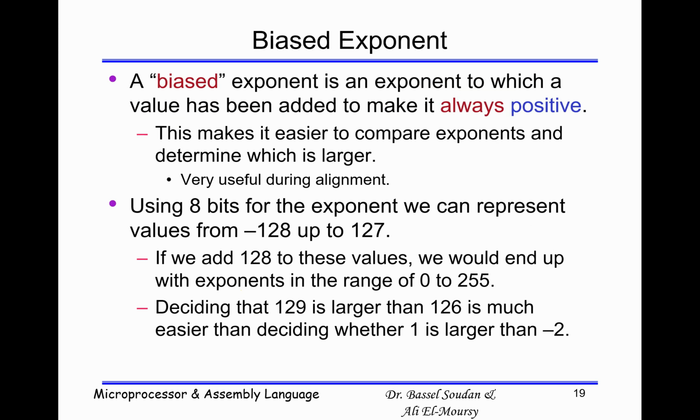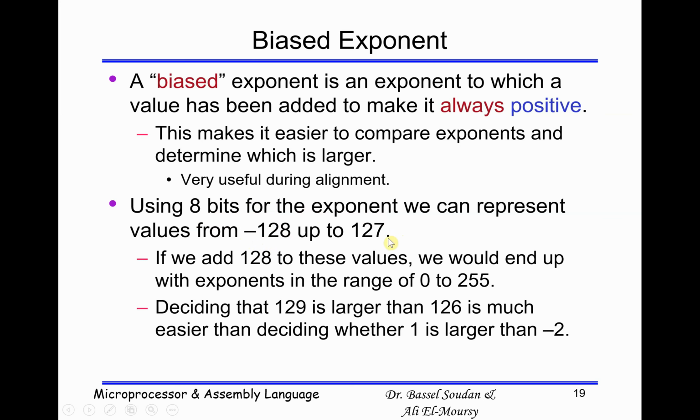Now, since it is a signed two's complement number, the engineers have decided to modify the exponent before storing it, and this operation is called biasing the exponent. Biasing the exponent means, assuming that you have 8 bits to store the exponent, an 8-bit signed two's complement number has a range of decimal values from minus 128 up to 127.